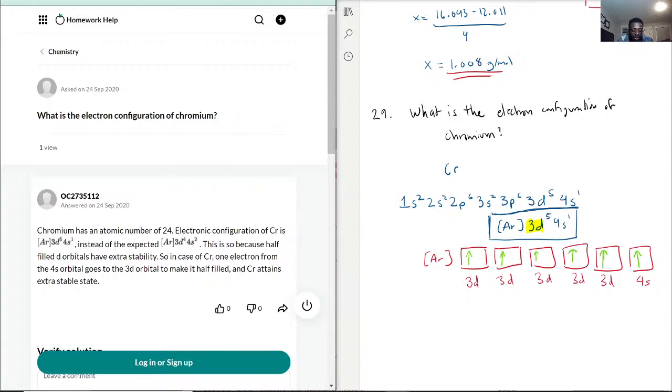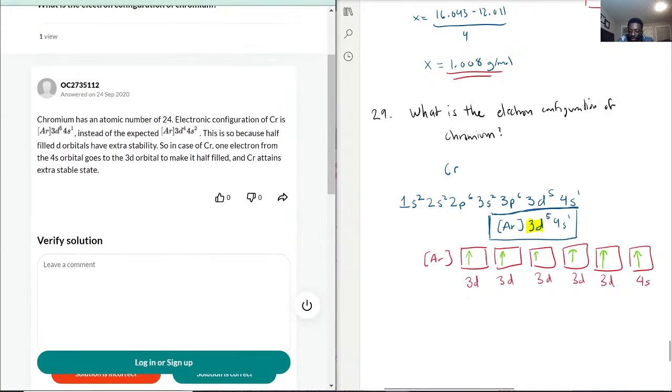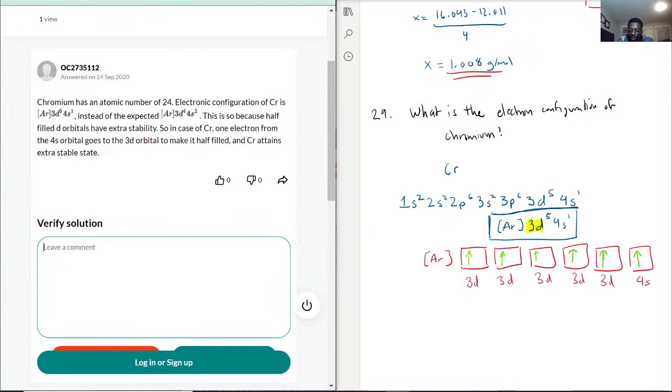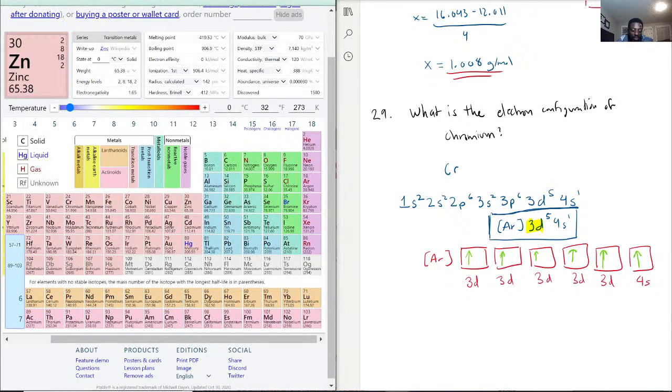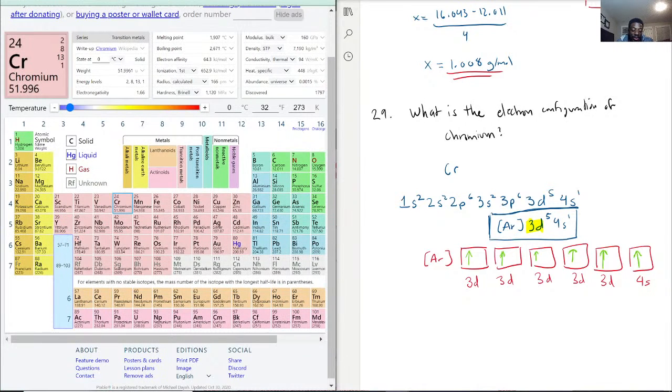Okay, so this is all we have for this question. Now if somebody asks you what the valence electrons for chromium are, you could technically say 1, but that's a whole different thing, because transition metals act very strange. You can never really tell what they're going to do when it comes to bonding.